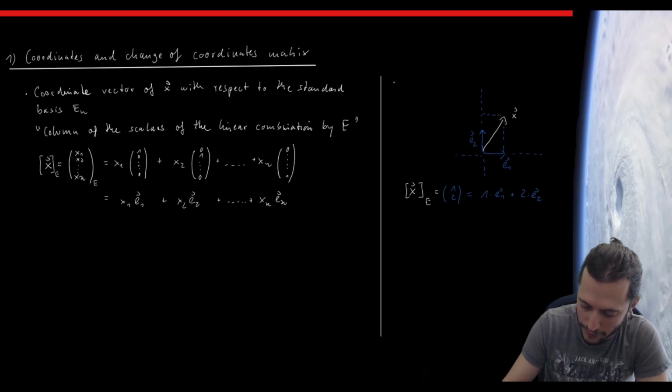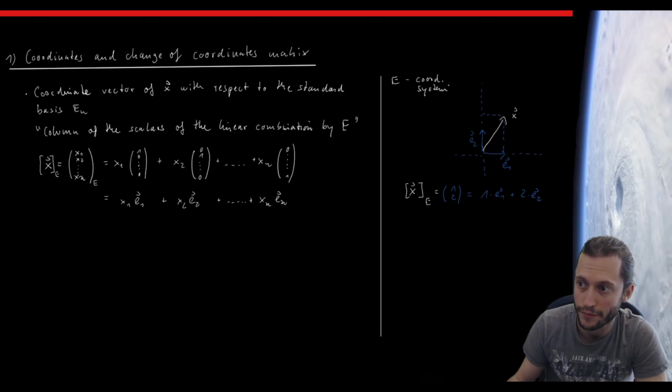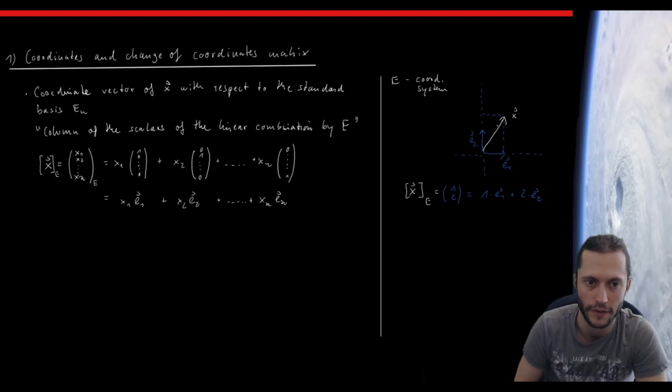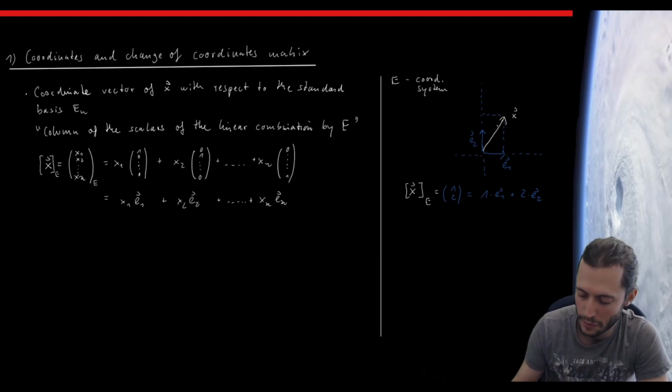So this is our first E coordinate system. And I put the vector x in white to argue that this one is fixed, but the coordinates 1, 2 depend on the basis we chose, and this is why it's blue.